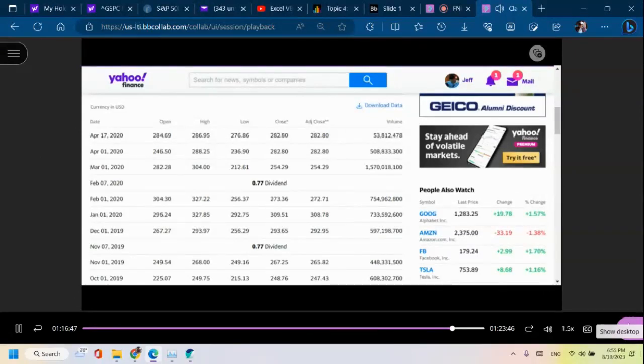As I said, I need only two columns: the date column and the price, which is the closing price for any trading period. So I don't need the others, so I'm going to select those columns and delete them. And volume is not needed for now, so I'm going to delete that.